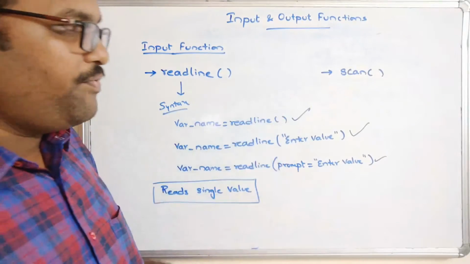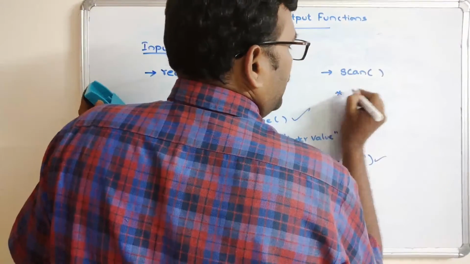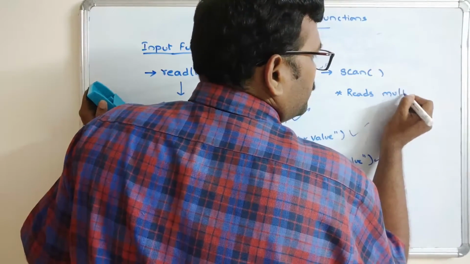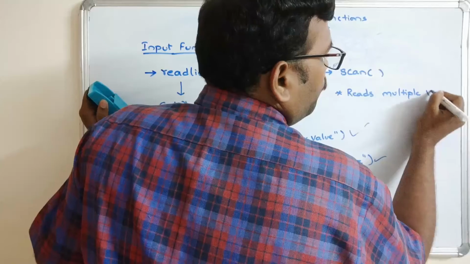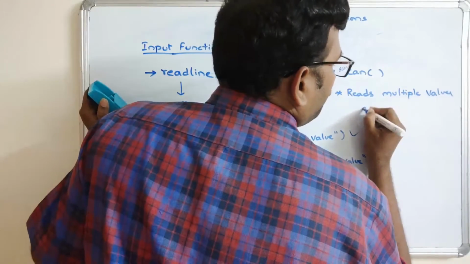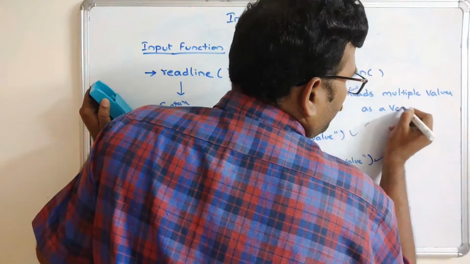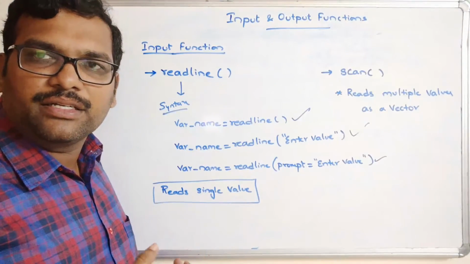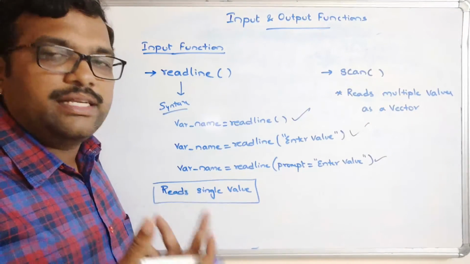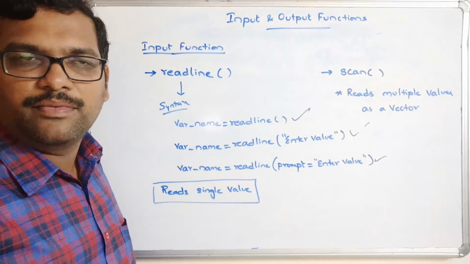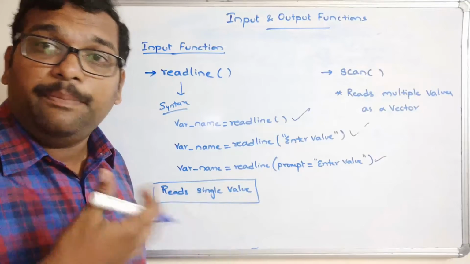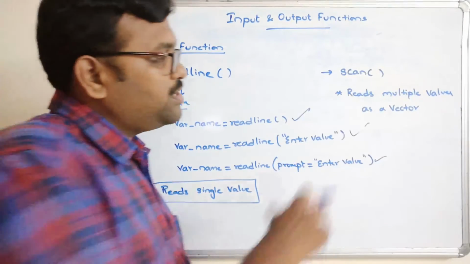Coming to the scan function, it reads multiple values as a vector. We have seen the vector in the data structures, right? A vector is a homogeneous collection of elements. The scan function is used to read multiple elements and it forms a vector.